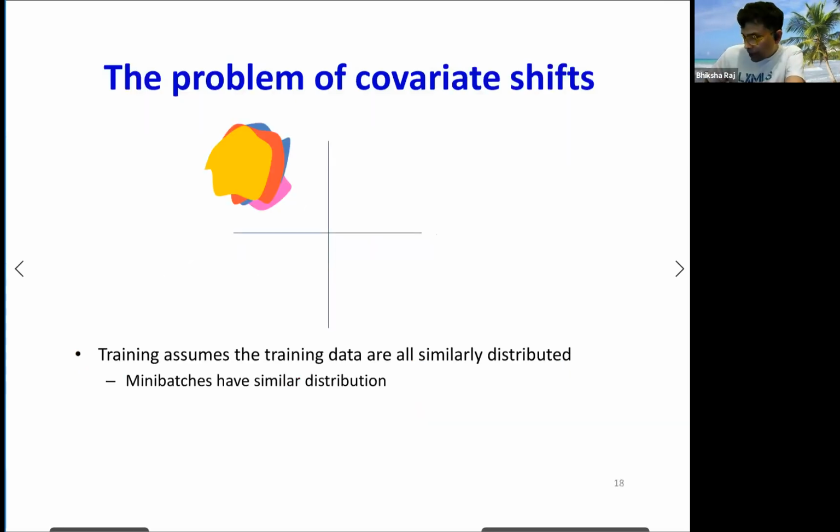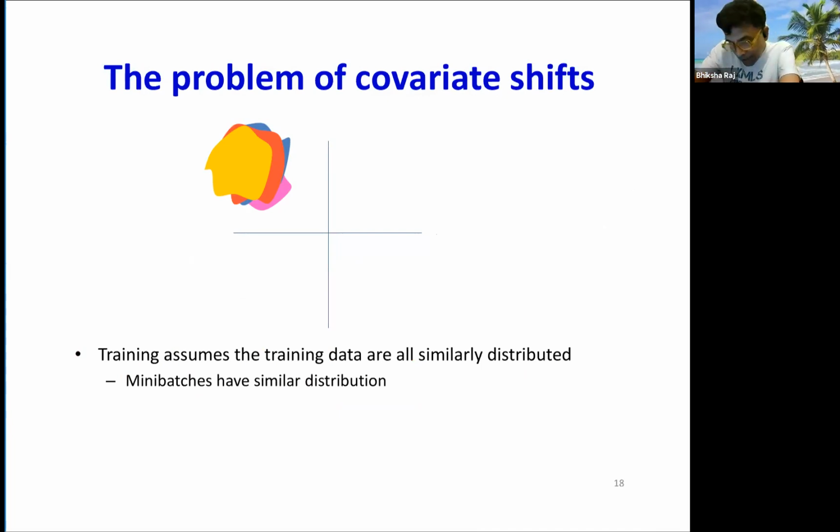Another problem that arises particularly when we perform mini batch descent is that of covariate shifts. When we perform mini batch descent, we generally assume that every mini batch has a similar distribution as the overall data itself. Basically, you're using the mini batch to be representative of the entire data.